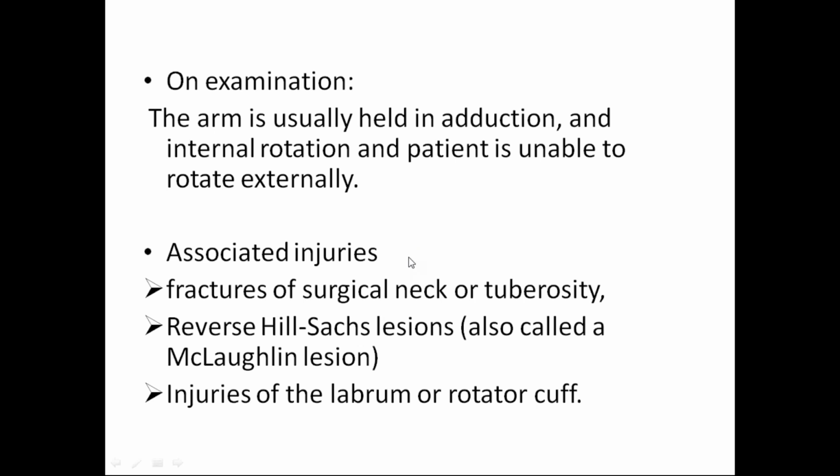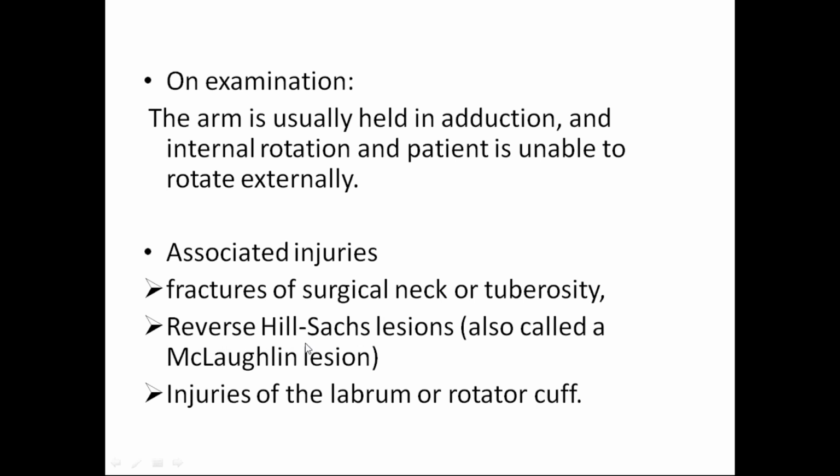Associated injuries with posterior dislocation are fractures of the surgical neck of humerus, or here the lesser tuberosity is mainly involved. Whereas in case of anterior dislocation, the greater tuberosity is involved, and along with that, there is a Hill-Sachs lesion. That is involvement of the posterolateral aspect of the humerus head.